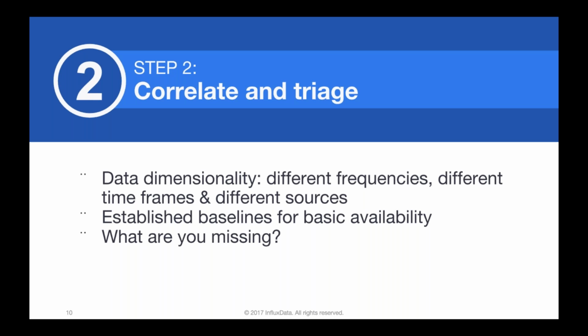So don't be afraid to go back to previous steps and collect additional information, or get rid of information if it's not useful. And again, this is really to level-set where normal operation is for your business, for your application, for your organization, for planning for the future.